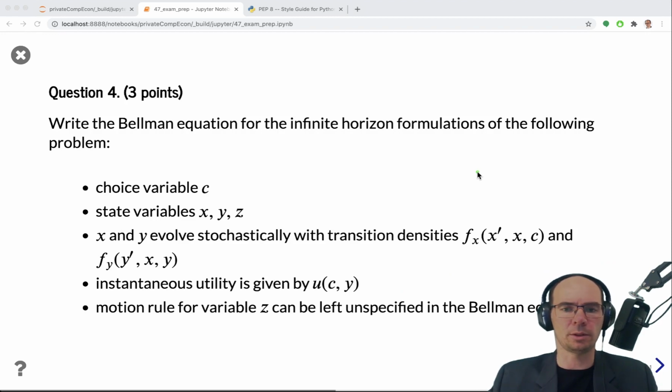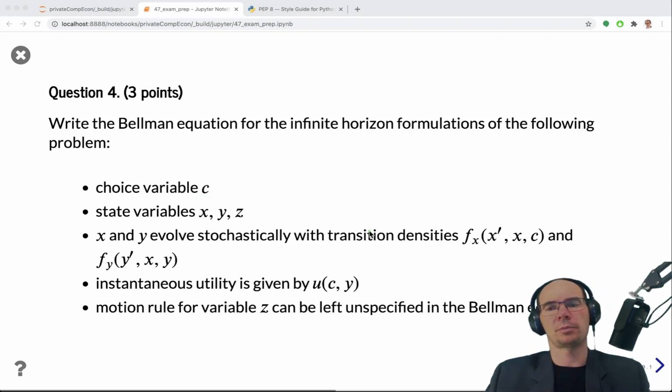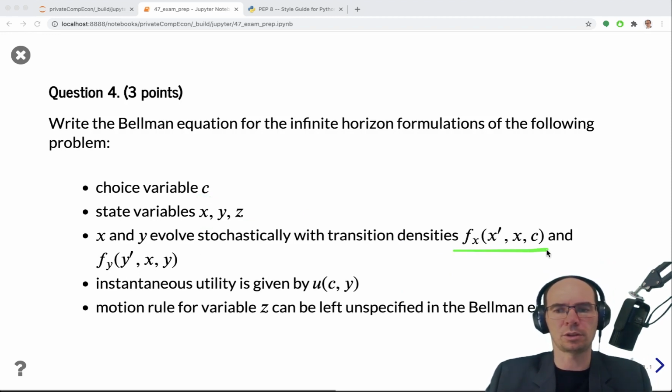Right, so how do you approach this? Here you will have to type some math, and I think the fastest way to do it is to open the lecture notebook with the Bellman equation and copy it from there. But the essential part is to remember where, in the general Bellman equation, the state variables go, where the choice variable goes, and what to do with these transition densities.